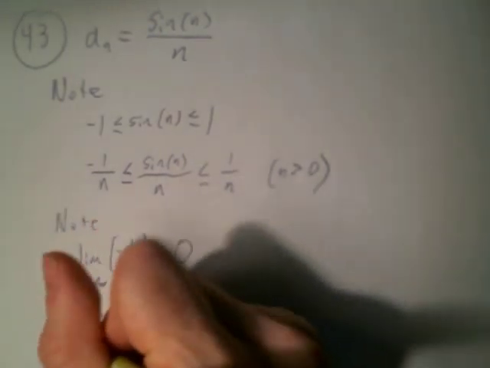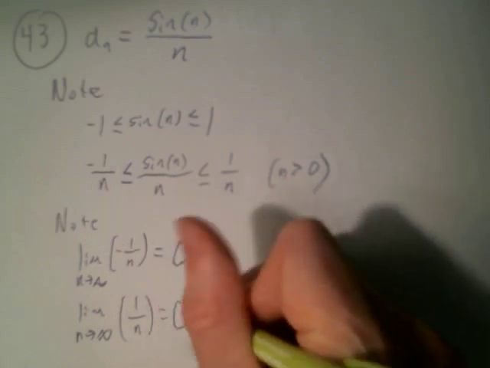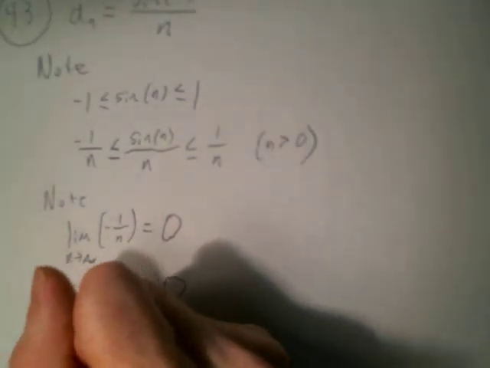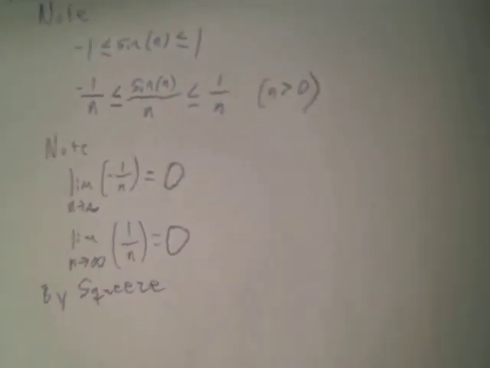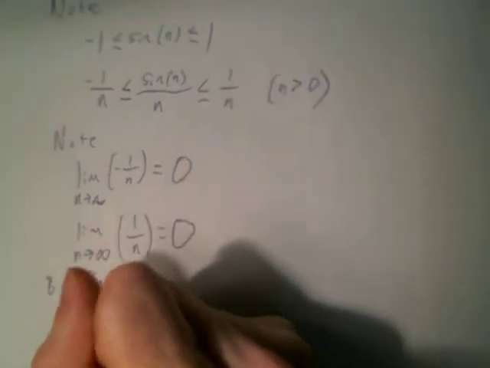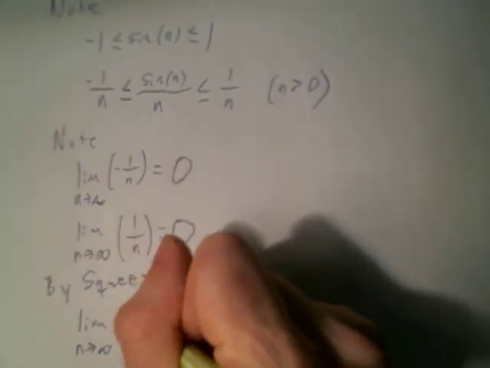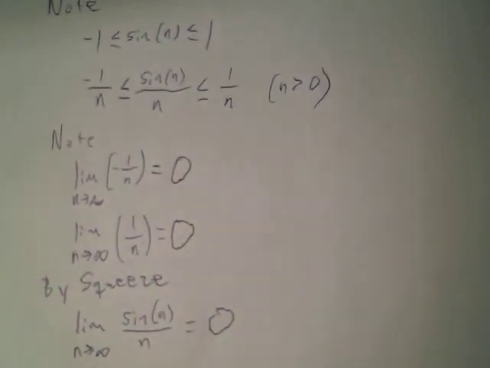And then the limit as n goes to infinity of 1 over n is also equal to 0. Okay. So by the squeeze, the limit of this inner part will also be equal to 0. So the limit as n goes to infinity of sine of n all over n is equal to 0.